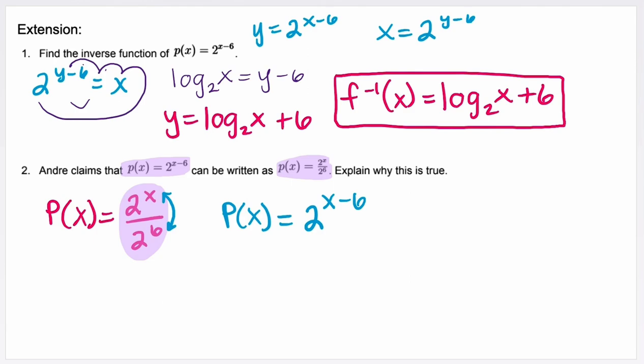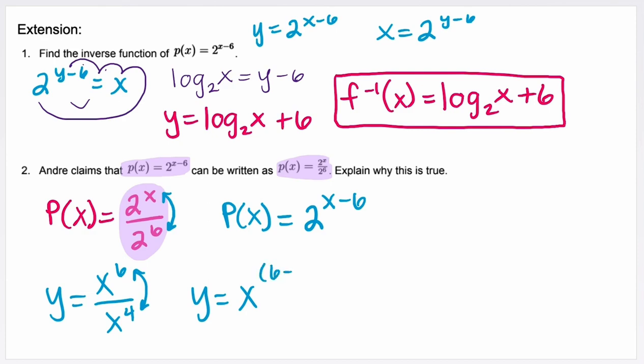And then I want to tie this back to another example that's dealing with numbers as the exponents. So think back to if you had something like this and you were trying to combine those x's together, you would subtract the exponents. This would be the same thing as y equals x to the 6 minus 4, which would be the same as y equals x squared.